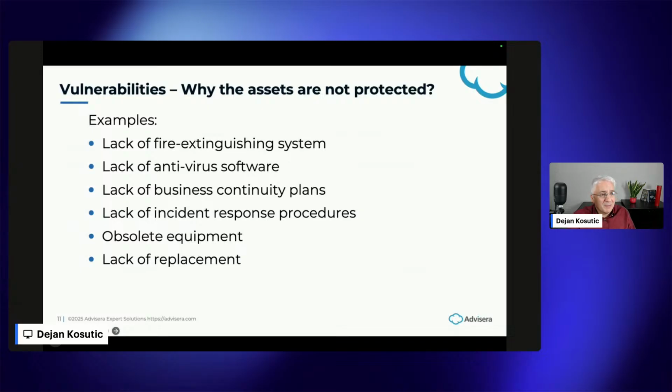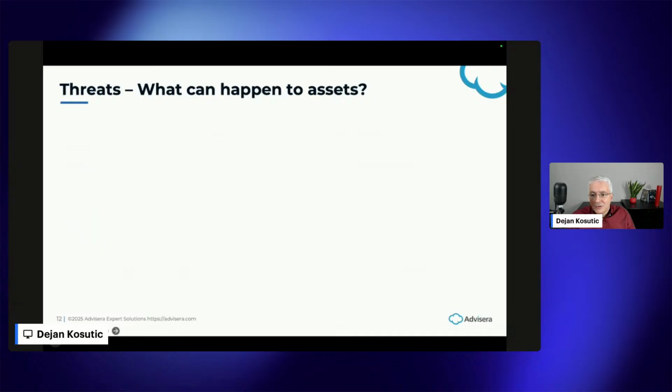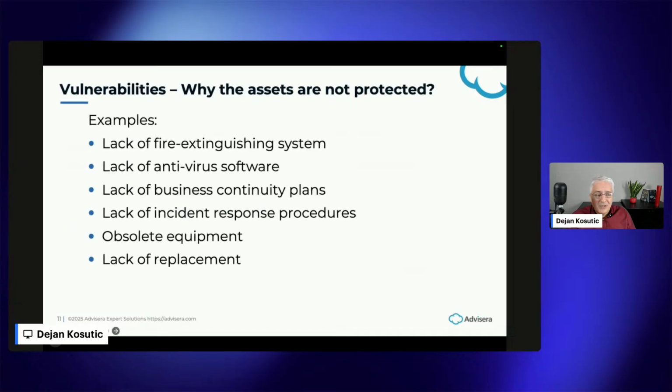If you have, say, a system administrator, and no one else knows what to do with a particular system, then your company is vulnerable to this person leaving and you don't have any replacement. All right, so these were several examples of vulnerabilities.